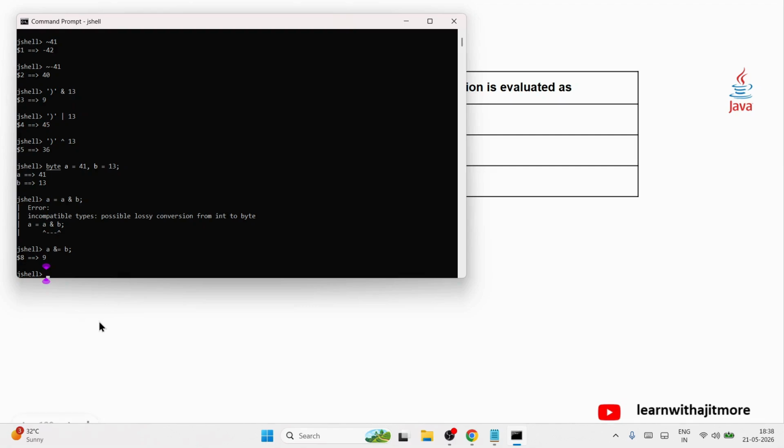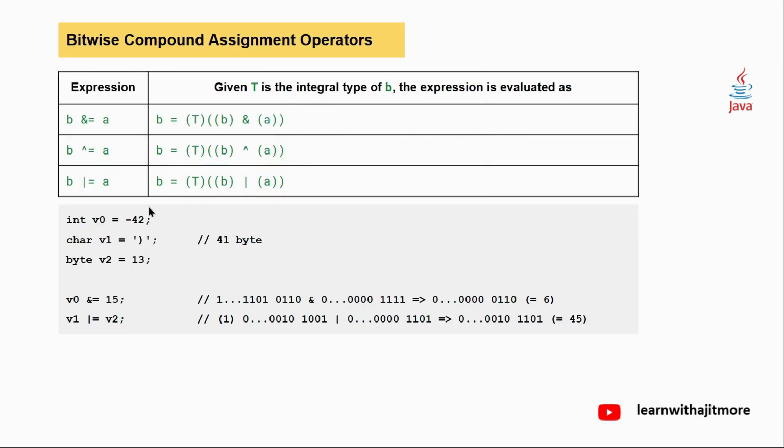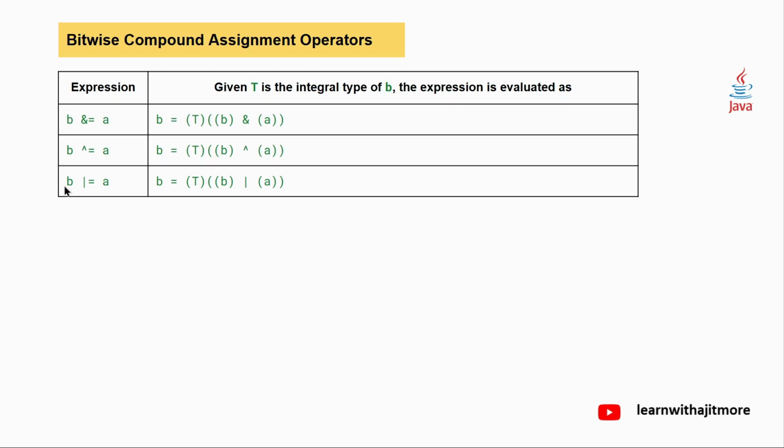And the same is the case for ORing and the same is the case for XORing. Remember, for AND, XOR and OR, if you use them normally, their precedence is like that: AND is higher, then XOR, and then OR.